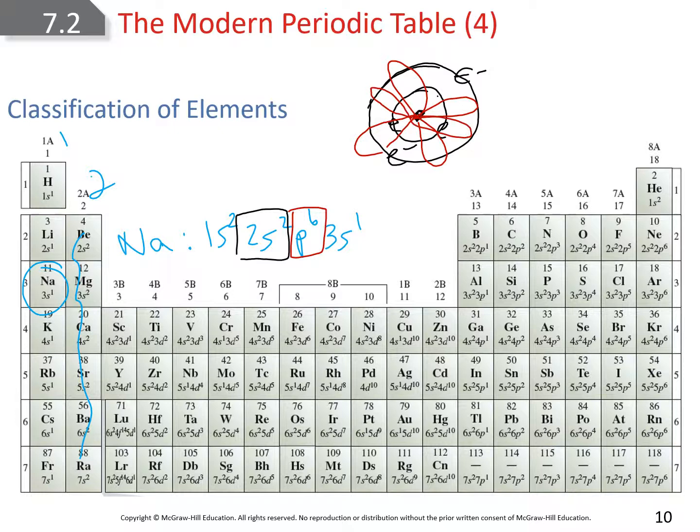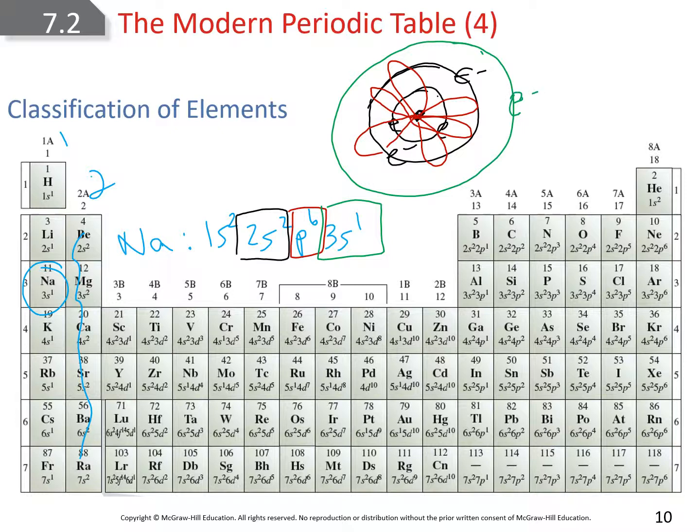Keep in mind, each figure 8 has 2 electrons, but if I write the e's, it'll just start to become very messy. And then finally, my last sublevel is 3s1 with 1 electron.